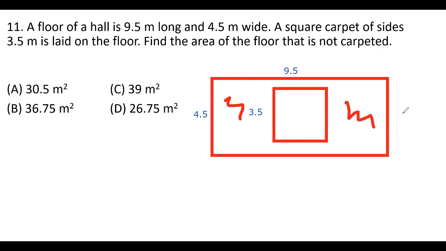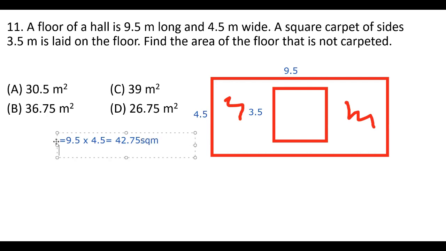So how do we do that? First, we need to take the area of the whole, which is 9.5 times 4.5, and subtract the area of the carpet. So let's start calculating. 9.5 times 4.5 is going to be 42.75 square meter.